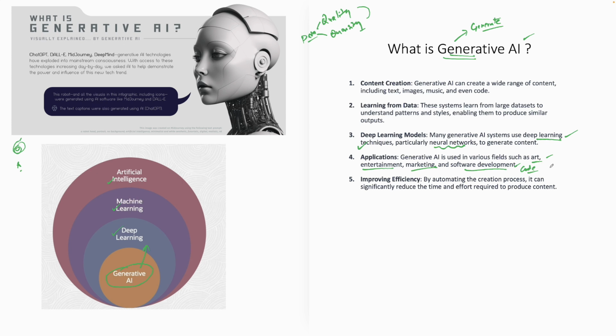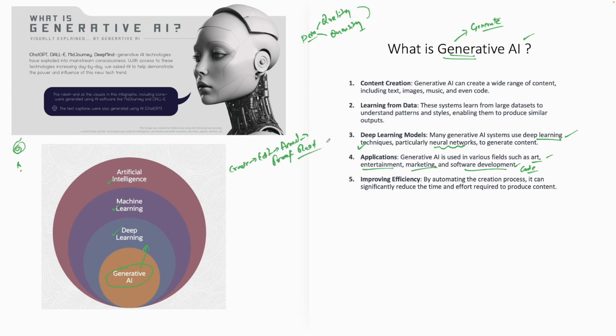Just think about content creation, where content creators had to write a lot of content and then do a lot of editing. It is improving efficiency. Previously you used to create the content, then edit it, amend it, and proofread it. All this used to happen.